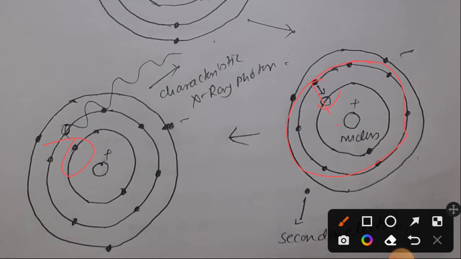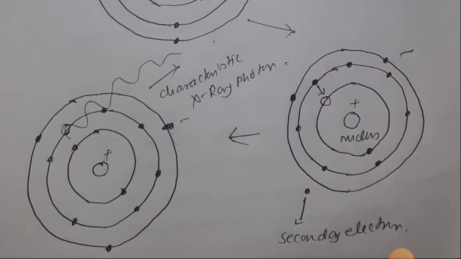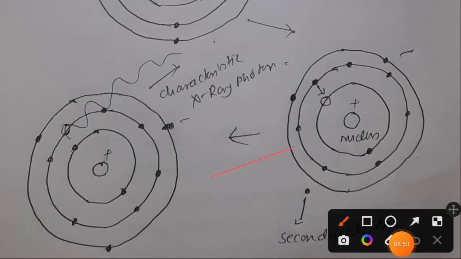Remember, the energy of the outer shell is always higher than the energy of the inner shell, so this energy will be emitted by the electron during that jump, and this emitted energy will be of a specific wavelength for a specific type of compound.